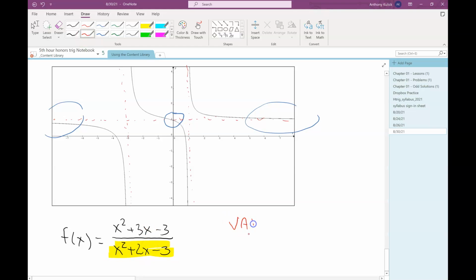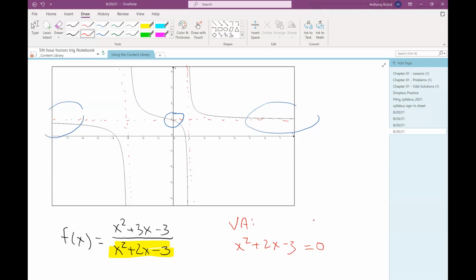So to get those vertical asymptotes, and I want to add in one little condition there, Mia, is that we should set the reduced denominator equal to 0 to get the vertical asymptotes, because it's possible that you might have found a removable discontinuity instead of an asymptote.